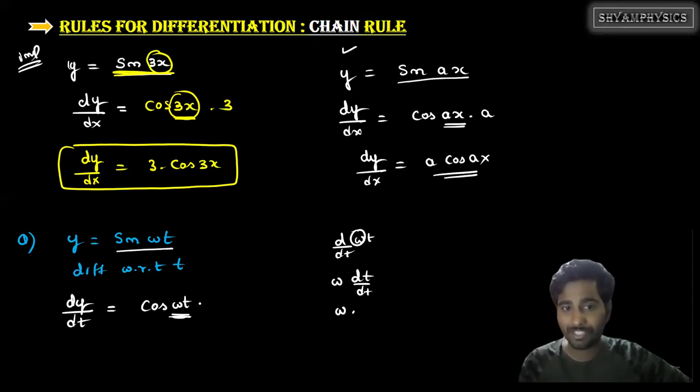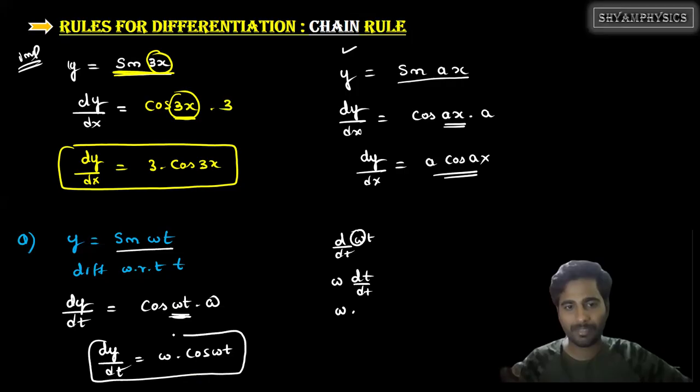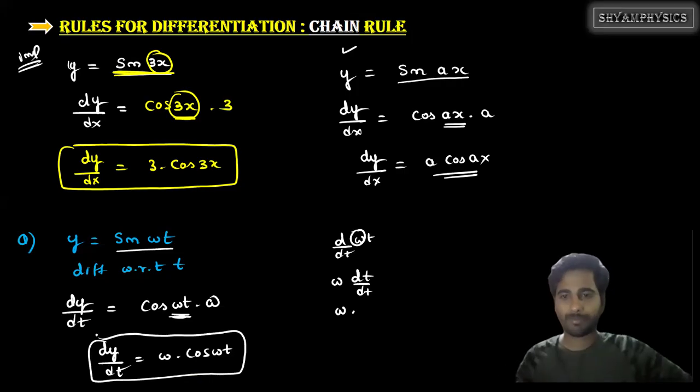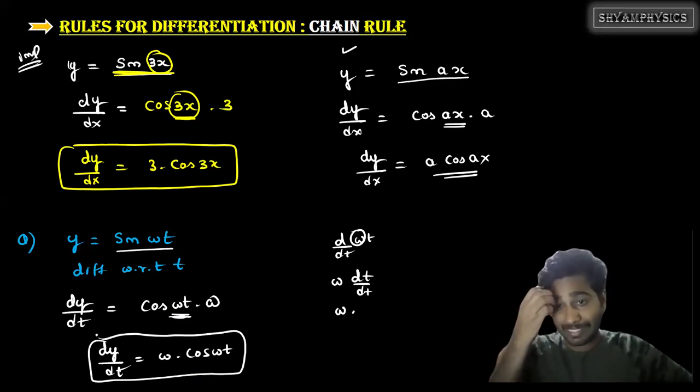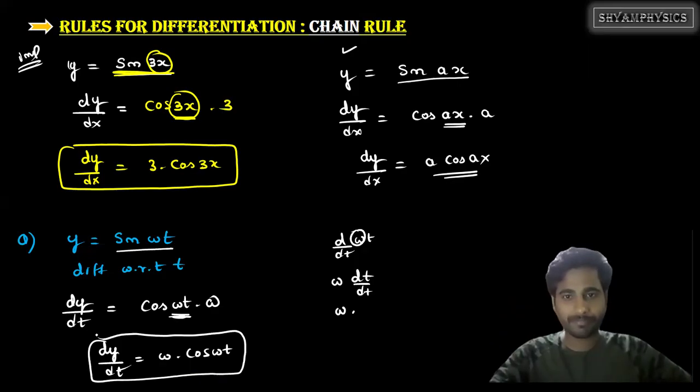So for this function, dy by dt will be omega into cos omega t. Hope it is understood to everyone here.